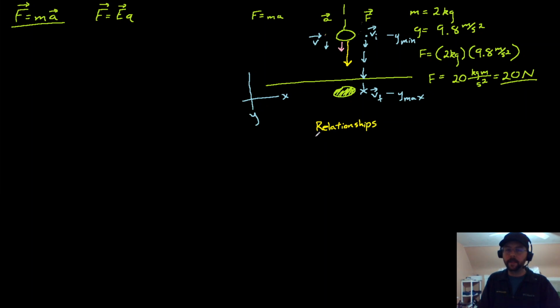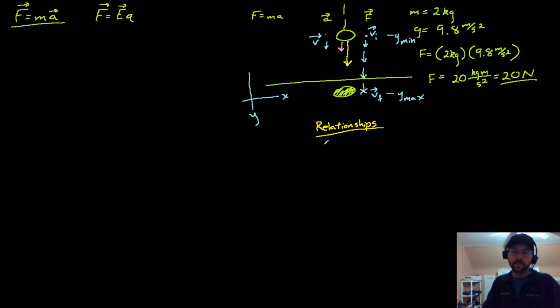A lot of times, I think it would be easier to solve problems if you think of these as relationships instead of just formulas, because you may want to solve this for acceleration, you may want to solve this for mass, you may want to solve this for force, and if you just had one formula that you were working with, you could just easily change it every time. But what happens often is you have to flip through a bunch of different formulas, so I think it becomes perhaps easier to think of them as relationships.